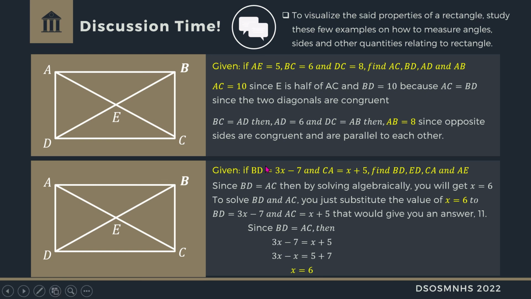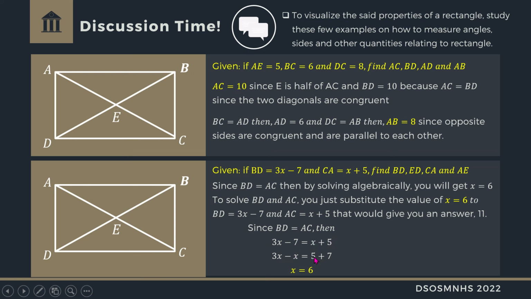So that is how to get 6. In the given, BD is a diagonal which is 3x minus 7. Then AC is another diagonal which is x plus 5. Since BD and CA are equal, their givens are also equal. So 3x minus 7 is equal to x plus 5. Then group the terms for variable x: 3x minus x. Positive x on the right side moves to the left as minus x.